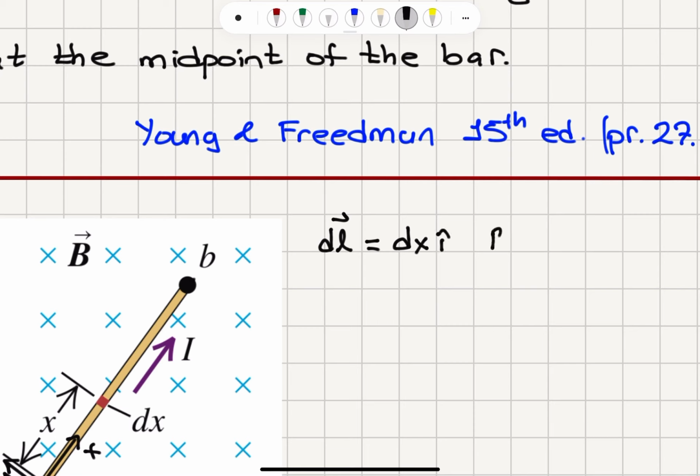The magnetic field B is into the page, but the positive z axis is coming out of the page. So it is B in minus k hat direction.